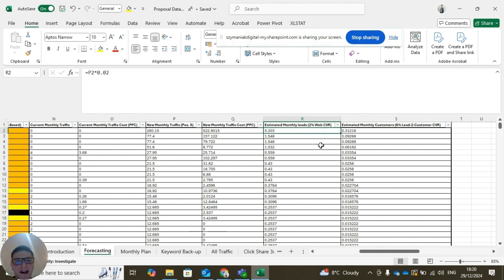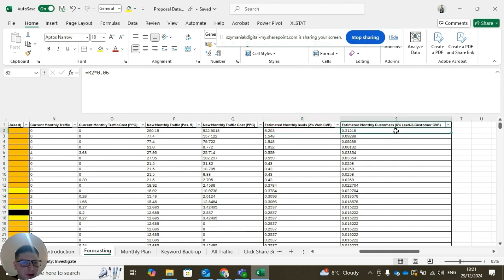Based on the 2% web conversion rate from the analytics, from the new monthly traffic in 12 months' time, if we were to get 260 clicks, 260 users on your website for this particular keyword, and 2% of those users converted, it would give you around 5 leads on average per month for this particular keyword.